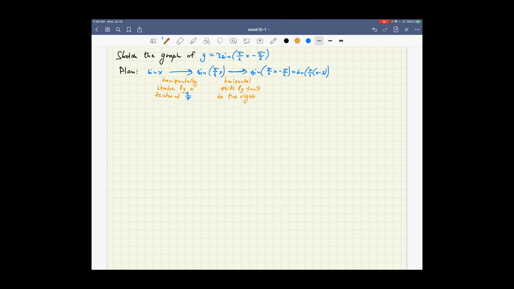Because if you're first shifting and then stretching or compressing, you're also stretching or compressing the shift. You have to be very careful here. But then we are simply vertically stretching by a factor of 3. And that will produce the graph of 3 sine of pi over 4 times x minus 1.